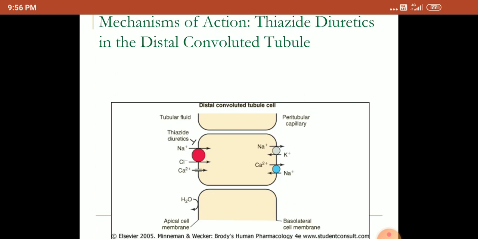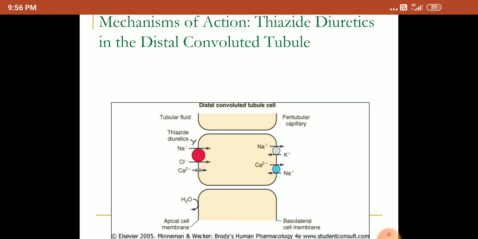On chronic administration of thiazide, the cardiac output returns to the pre-treatment level. The extracellular volume is slightly less than the pre-treatment value, only 5% less, but the antihypertensive action usually continues. So, the antihypertensive action is basically due to the persistent reduction of peripheral resistance, not due to a decrease in cardiac output.